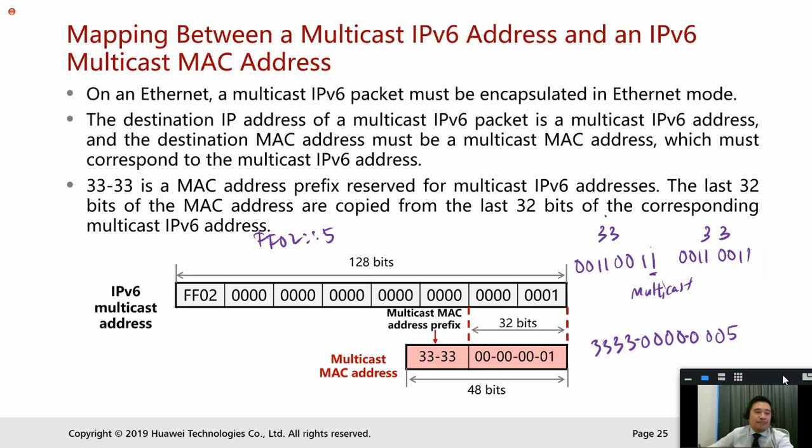That's my multicast MAC address. That is how the conversion goes from the IPv6 multicast address to the multicast MAC address. Is that all right? Any questions so far?